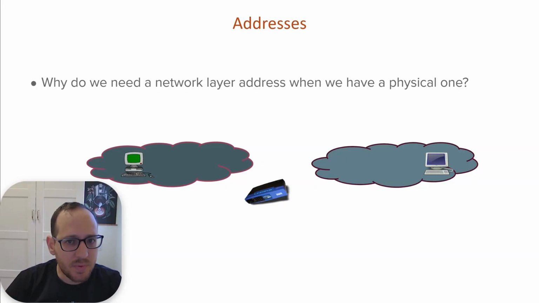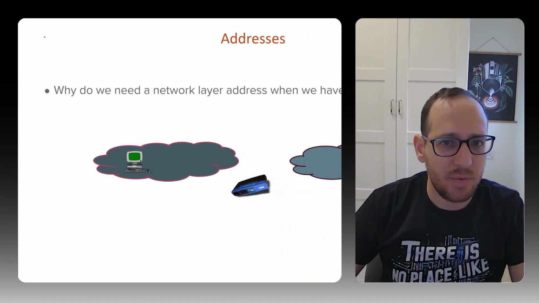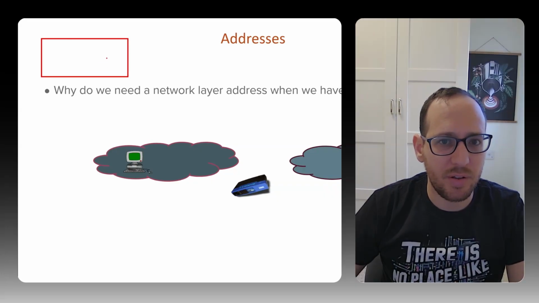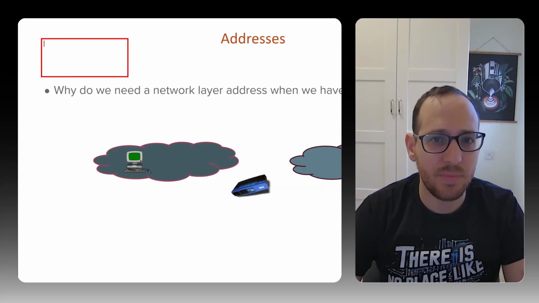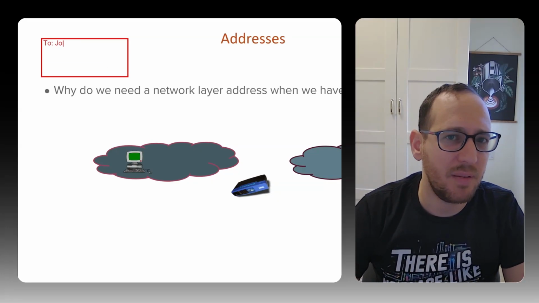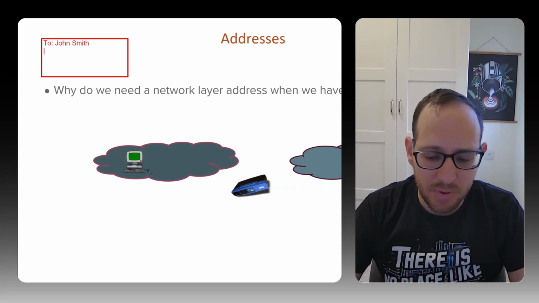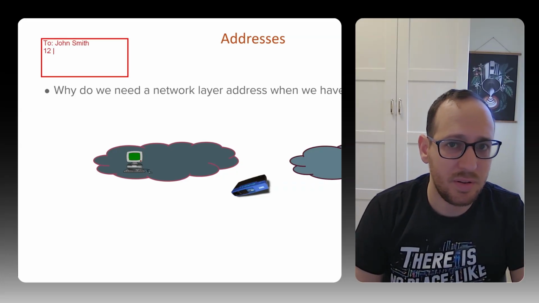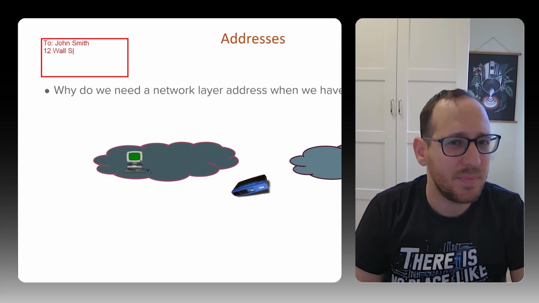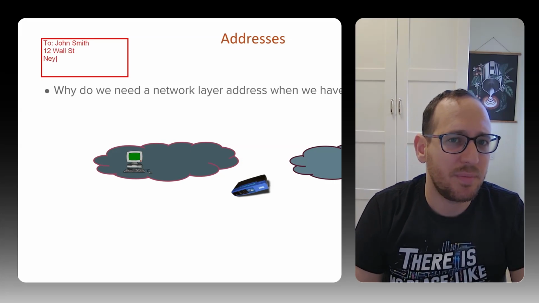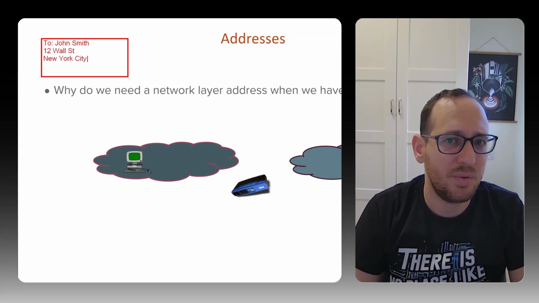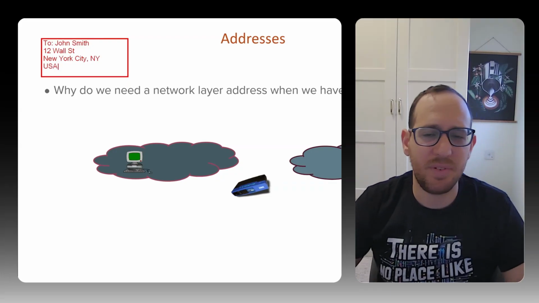So say I'm writing a letter and I want to put it on an envelope. I would write here, for example, to such and such name, and then I'd provide an address. The address could be, for example, 12 Wall Street, New York City, New York, USA, and some zip code.